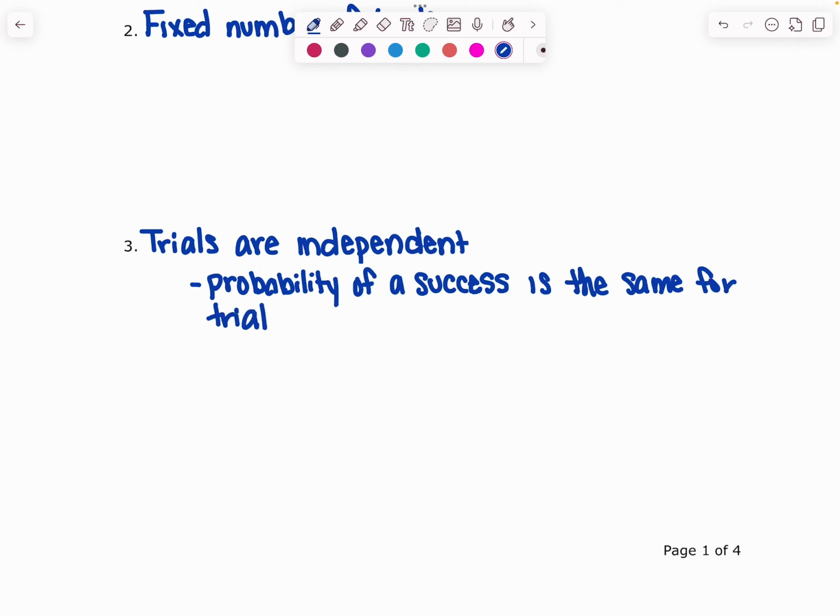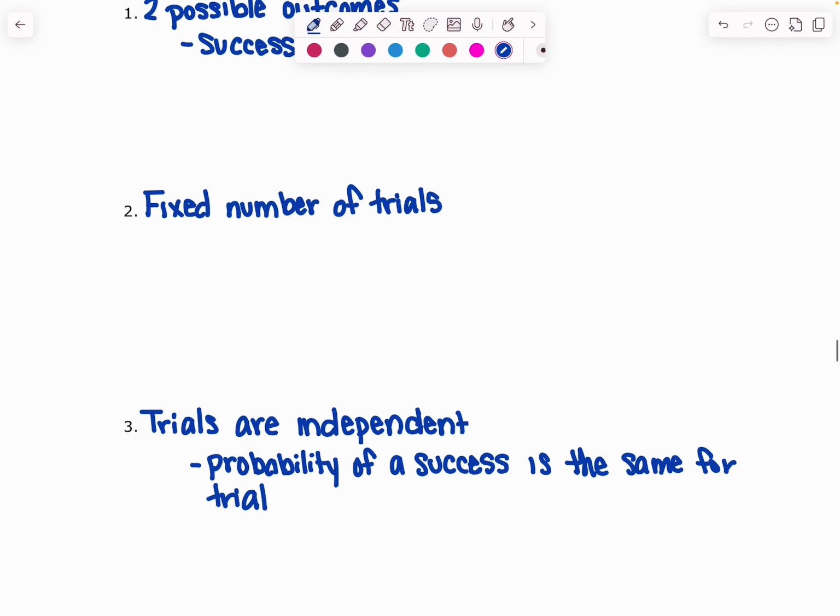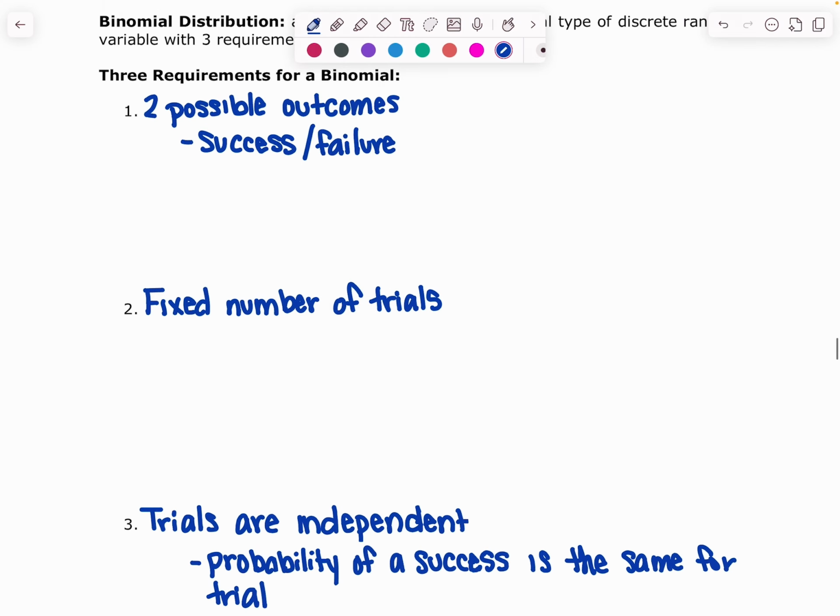It doesn't change from one trial to the next. So these are the three requirements that we have to meet every single time for it to be a binomial. If one of these three requirements is not met, then it is not a binomial. It is just a discrete probability distribution.